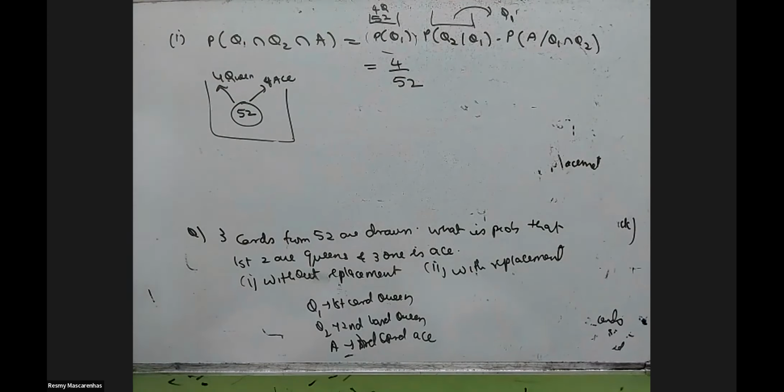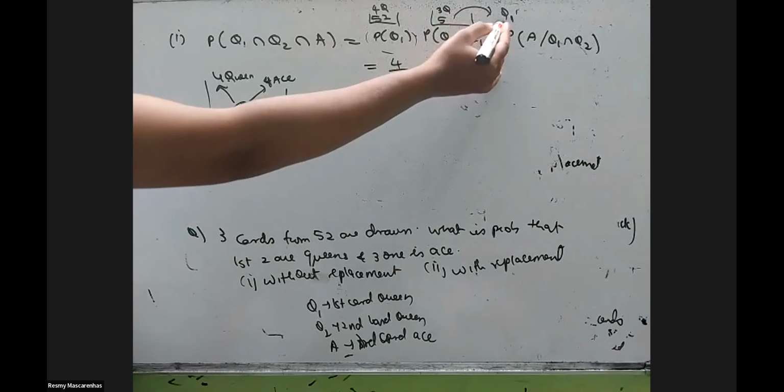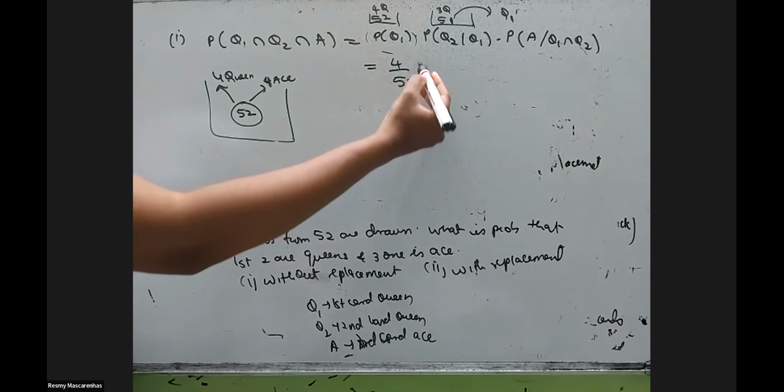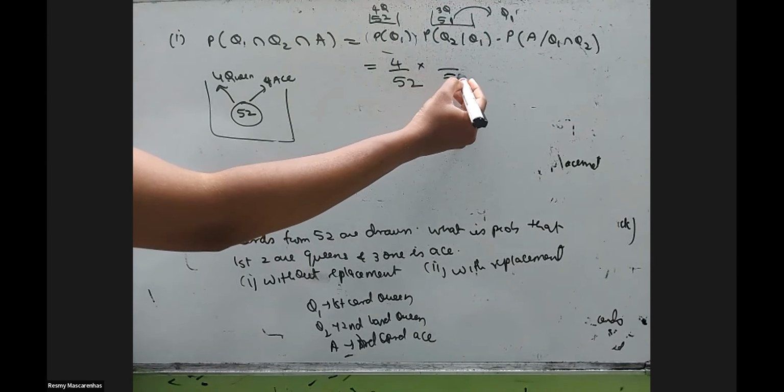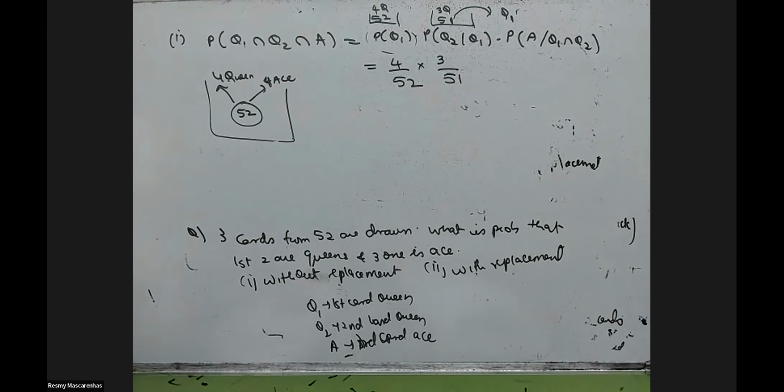So how many queens will be left? 3 queens. Out of the total, 1 card is gone out, so 51 cards. For the second one to be a queen, there are only 3 options.